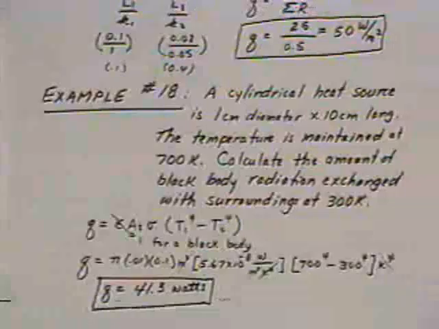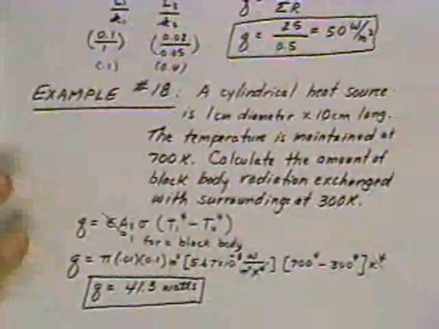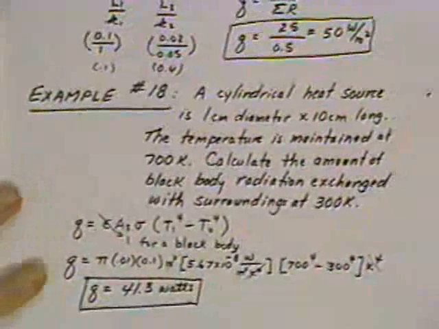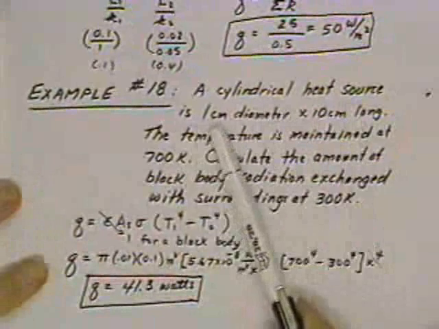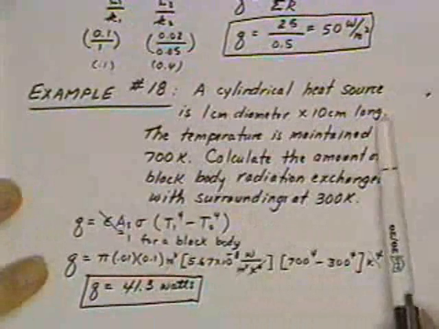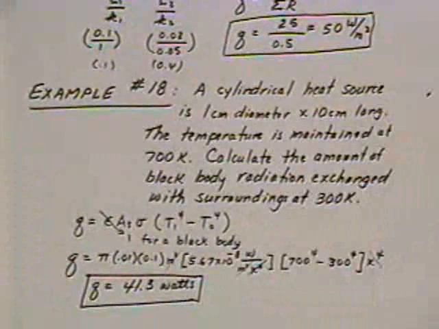So let's take the radiation heat transfer problem. We've got a cylindrical heat source, very small, 1 centimeter diameter by 10 centimeters long. So this could be a small heat source in a furnace.